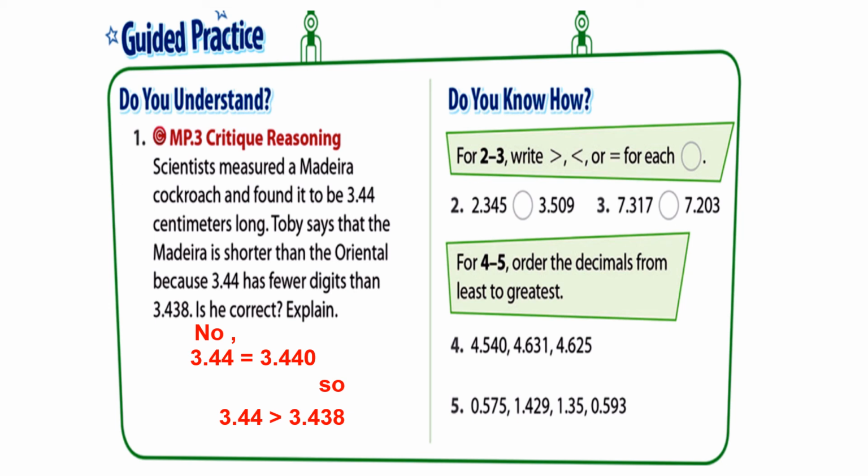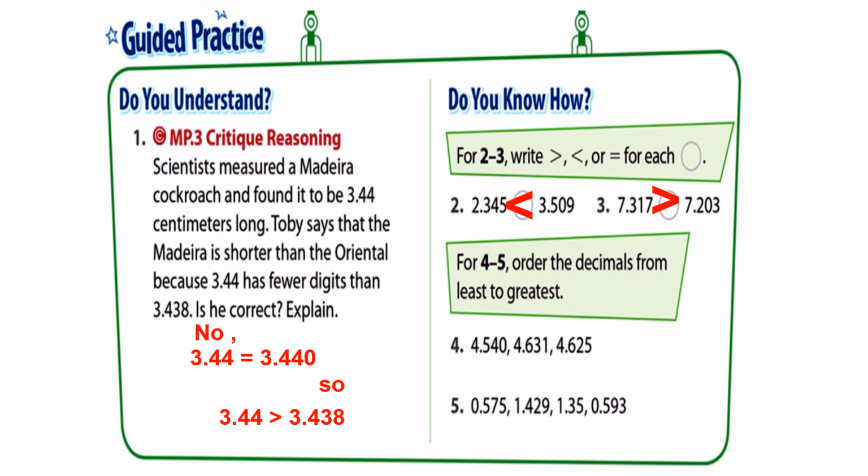Of course, the number 2.345 is less than the other number. 7.317 is greater than 7.203. How to order the decimals from least to greatest? Using the same way, guys, compare or order according to the place value, according to the digits.